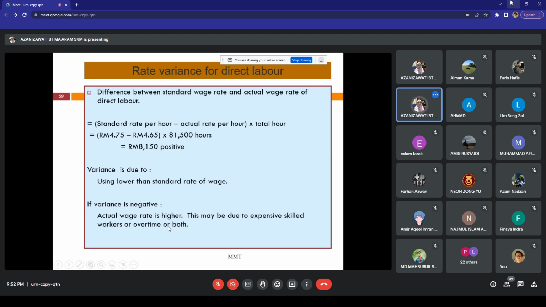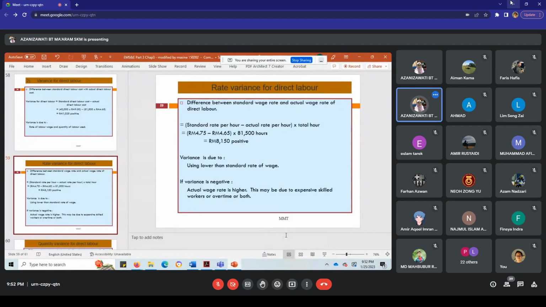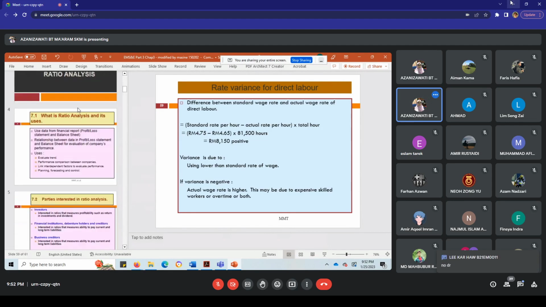So your role is you have to find this. Okay, what is the reason the variance is negative, or maybe what is the reason the variance is positive? Okay, so any question? I think it's too easy for these performance measures.